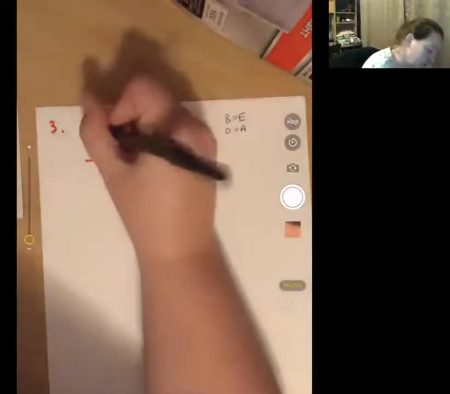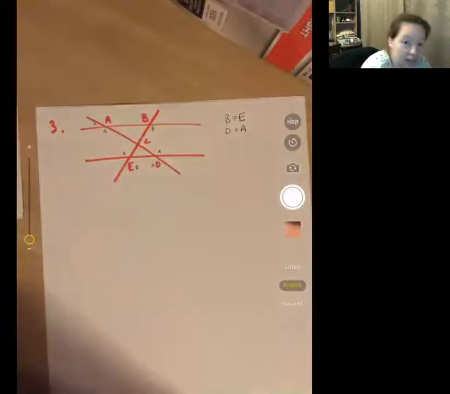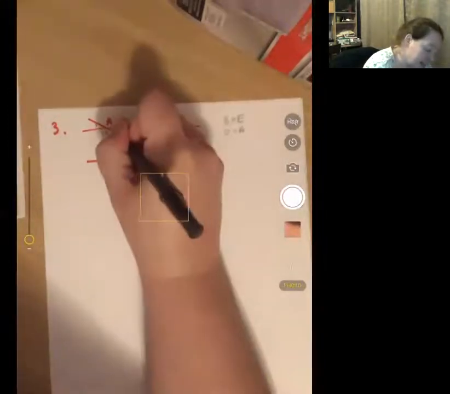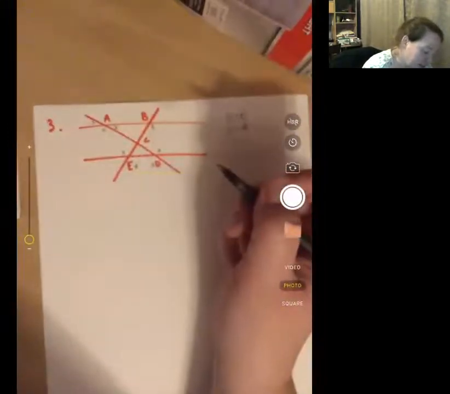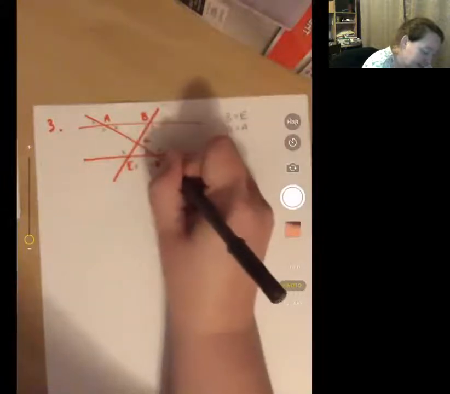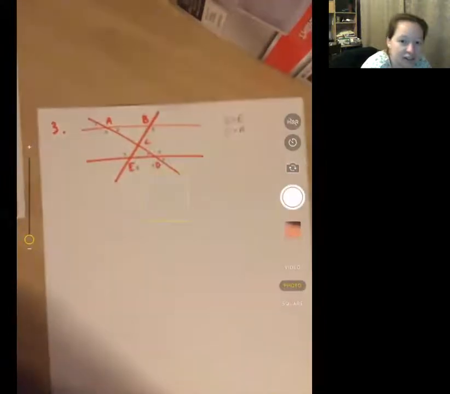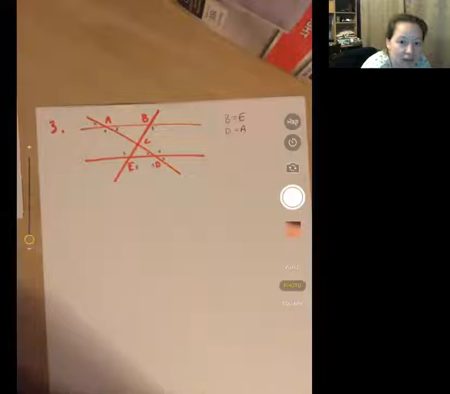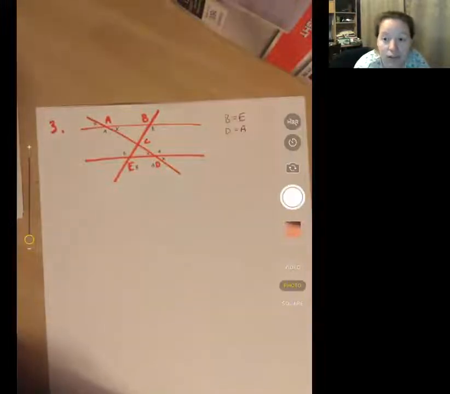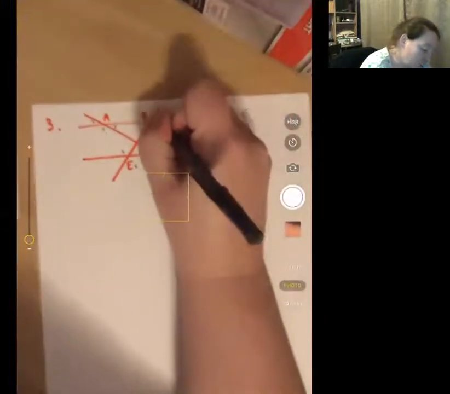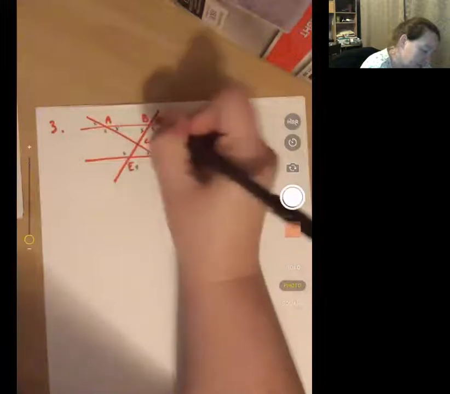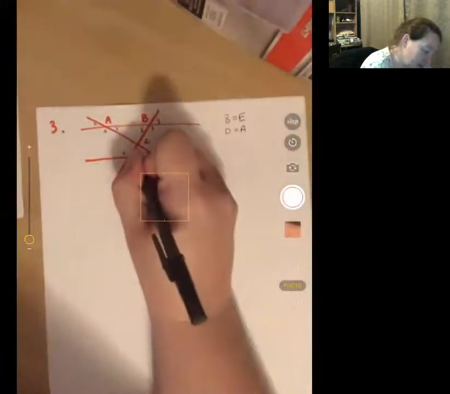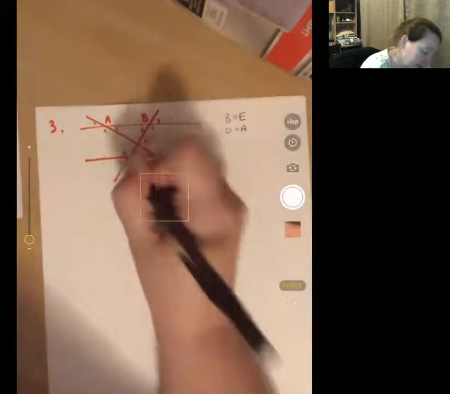Let me call this one over here X. So if that's X, then that's X, which means this is X and this is X. Okay? I'm writing it in pen because I can write a lot smaller letters in pen. I'm sorry if it's not showing up very well for you. If I write this is a Y, then this is a Y. If this is a Y, then this is a Y.